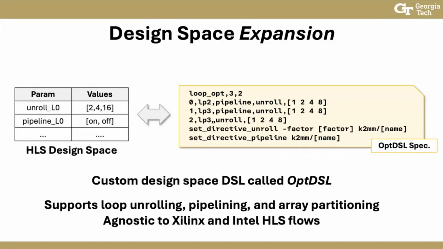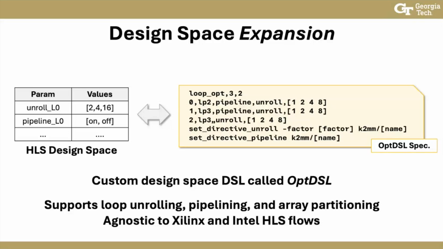And so the idea is that we have this custom design space DSL called OptDSL. It has the syntax for defining all these different things. I'm not going to go into too much detail, but basically we support loop unrolling, pipelining, and array partitioning, and it's agnostic to Xilinx and Intel HLS flows.